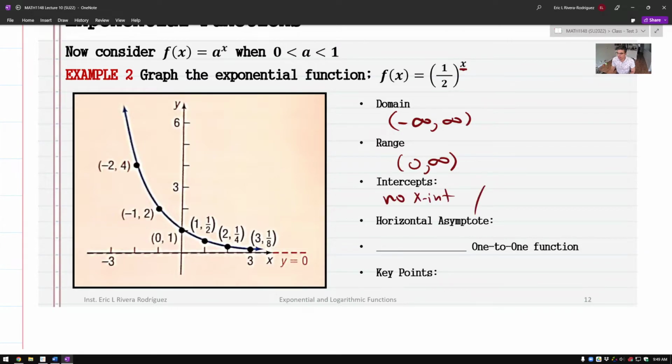Do we have any y-intercept? What is the coordinate of the y-intercept? 0, 1. Yes, the y-intercept is 0, 1. So that means that our c value is 1. The initial value here is 0, 1. The value of c, the constant, is 1.